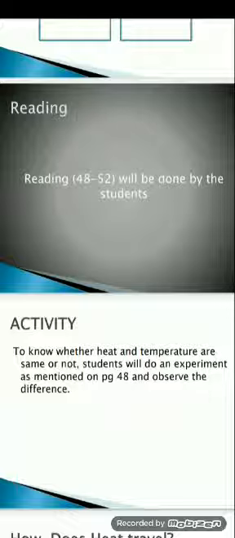Similarly, glass C and D have the same amount of water, but their temperature is different. Glass D has more energy. It needs more energy to have a higher temperature.